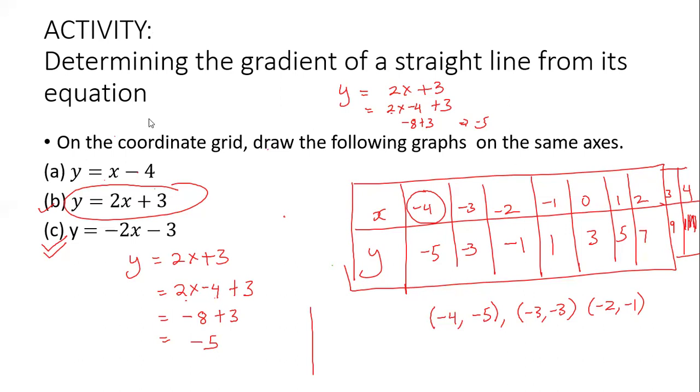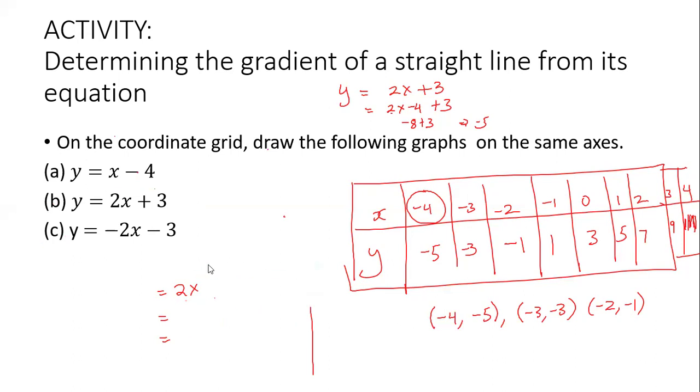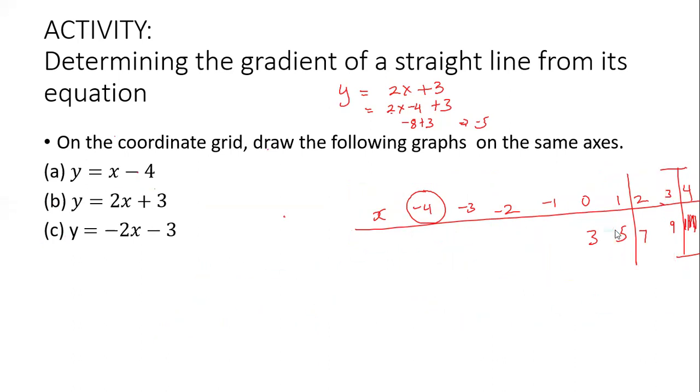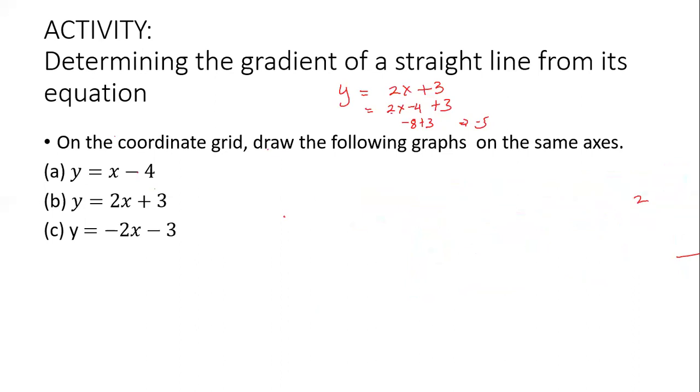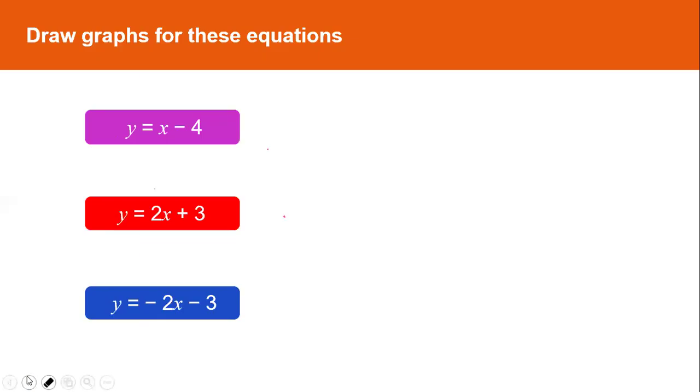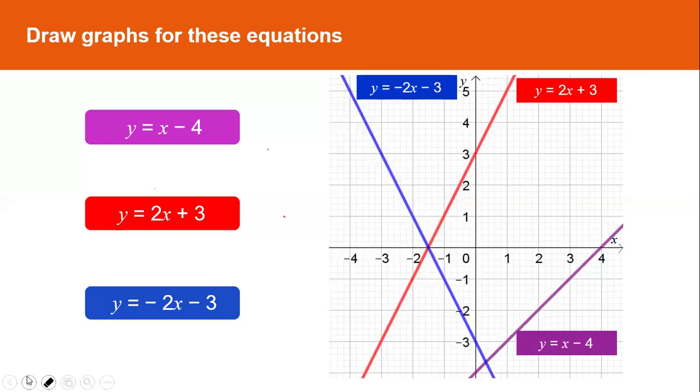We can now go to the next task. Make sure at least you have a graph. That is the most important thing. Make sure you have one of the lines drawn. Okay, now we are going to the next task. The next task is here. I've drawn mine, and mine are like that.